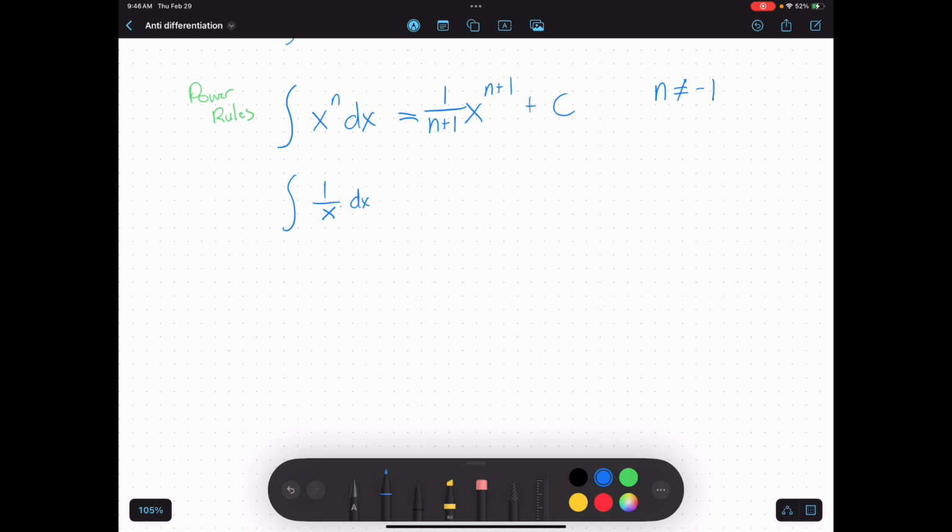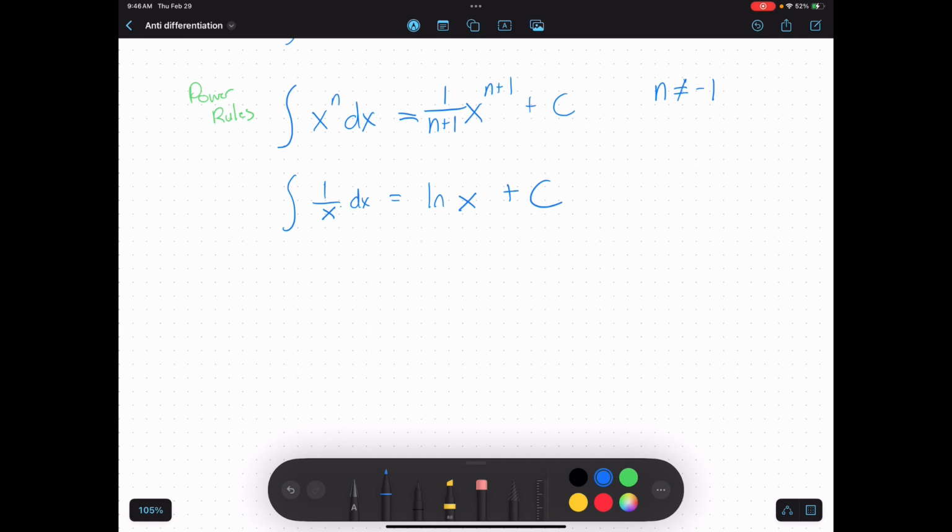Remember, if you have a negative exponent, if I have x to the -1, that's the same thing as 1 over x. Okay, so this is this very special case where the power rule does not work. Why not? Because we should actually recognize 1 over x. What function, when I take the derivative of it, gives me 1 over x? And it turns out that's natural log of x.